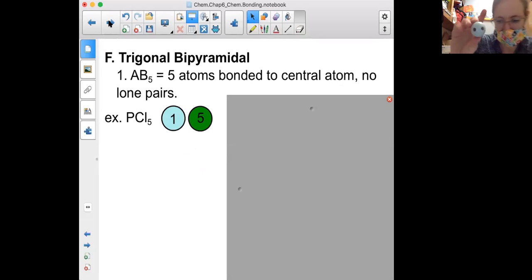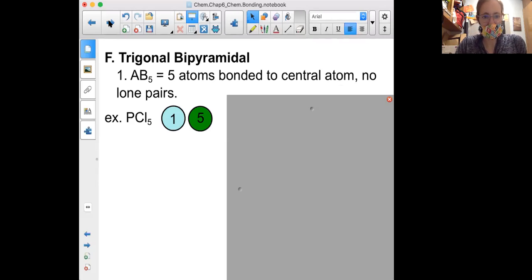So this colored ball is going to be your central atom. That's going to be the phosphorus. And I don't have 5 greens, so you can use yellow. AB5. Otherwise, just again, use your imagination. 1, 2, 3.